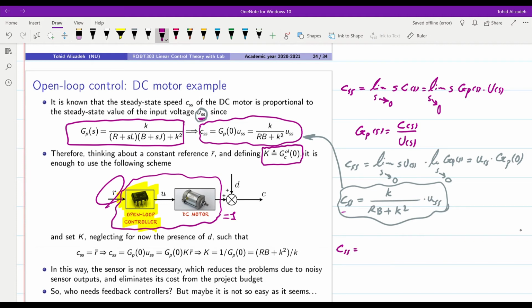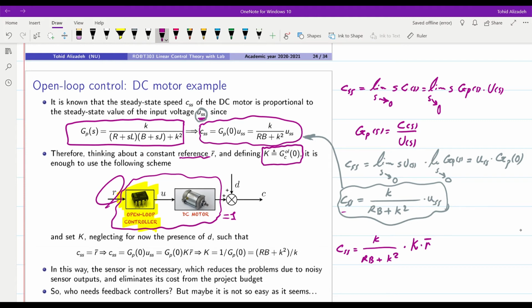CSS will be equal to K over RB plus K squared times, now instead of USS we can write K, which is capital K, the DC gain of the controller, times R bar, and R bar is the constant reference that we have received.